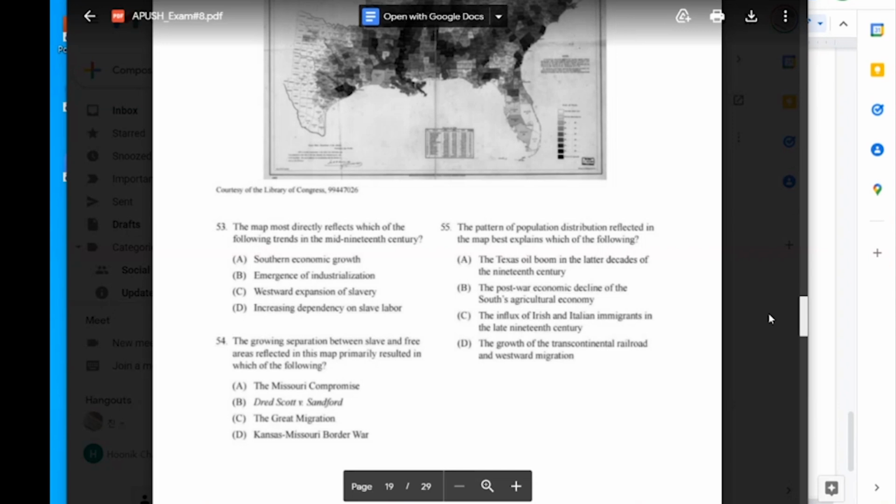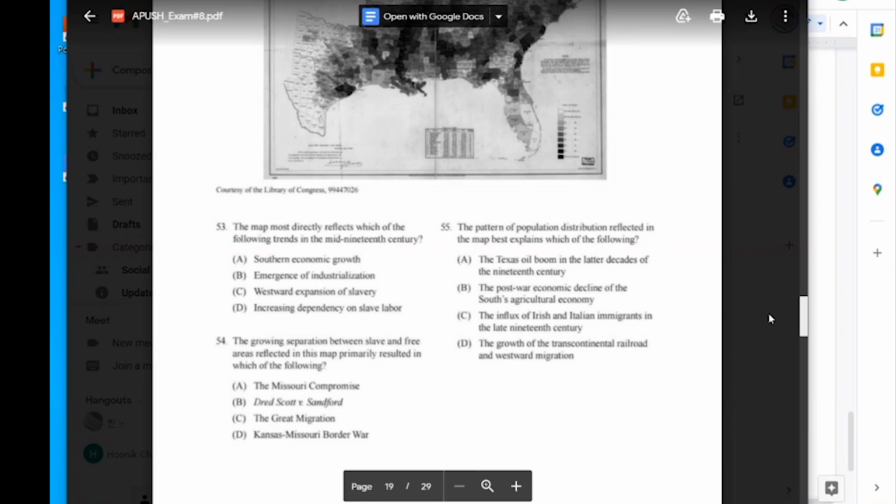So basically 54, and choice D is correct, because the growing separation between free and slave areas, as shown through the sharp differences in slave populations, paved the way for a border war between free and slave states along the edges of the Mason-Dixon line, which was created during the Missouri Compromise.